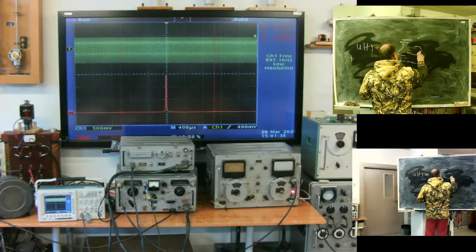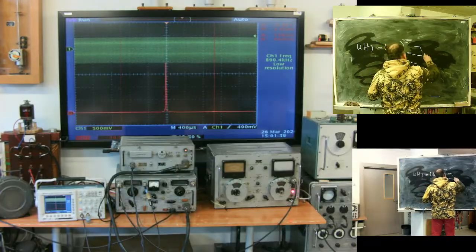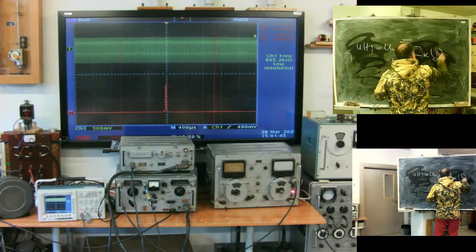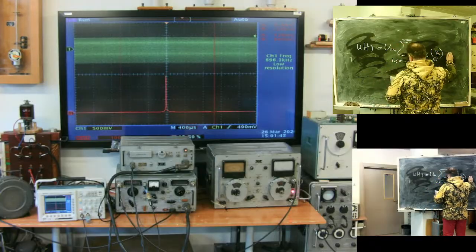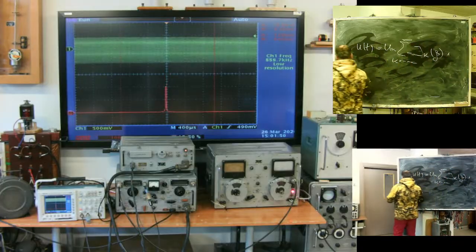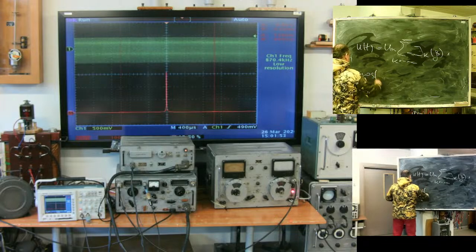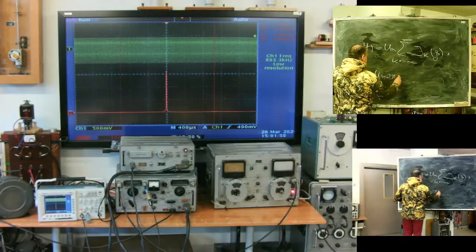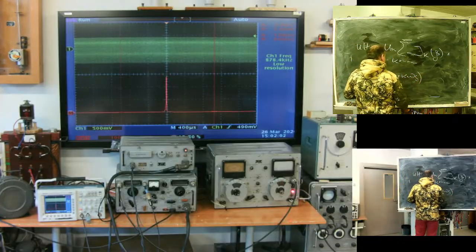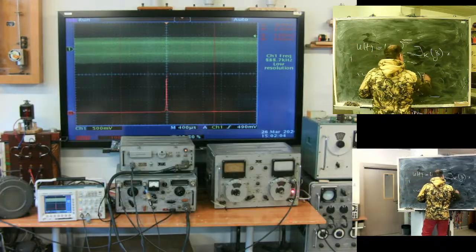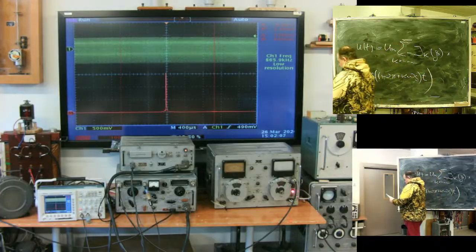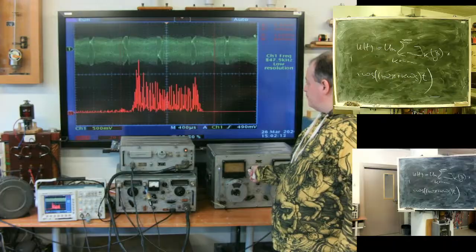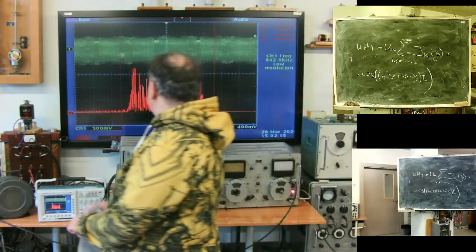Bessel function, beta, multiplied by cosine of omega 0 plus omega s time. Here's the math model for this.